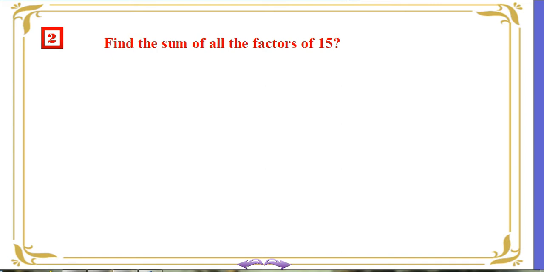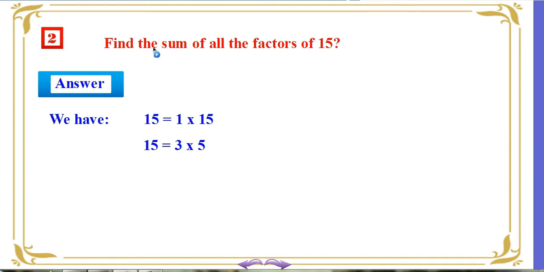Find the sum of all the factors of 15. We know 15 equals 1 multiplied by 15, or 15 equals 3 multiplied by 5. So the factors of 15 are 1, 3, 5, and 15.